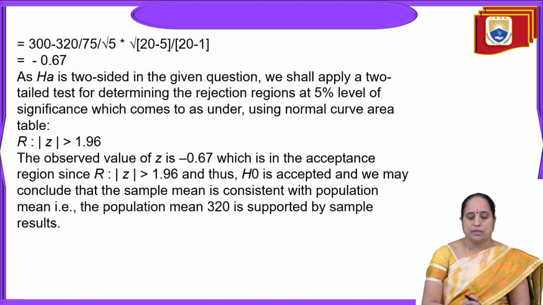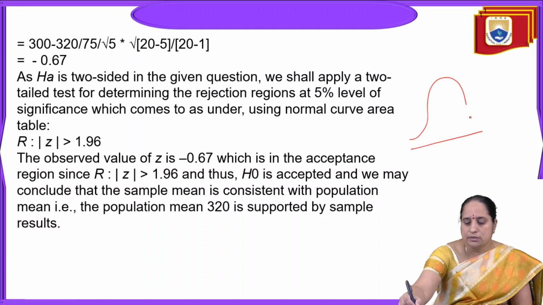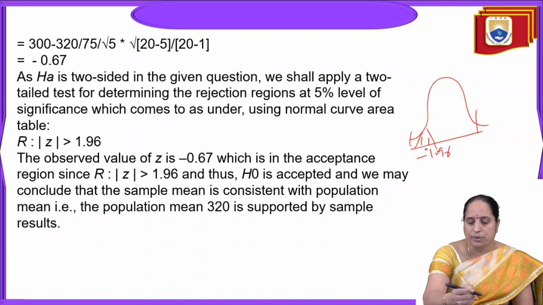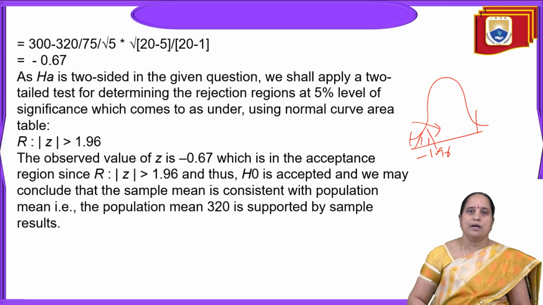We may conclude that the sample mean is consistent with the population mean, that is, the population mean of 320 is supported by the sample mean. As it is a two-tailed test with rejection region beyond minus 1.96, when we compare, the computed value is minus 0.67. It falls in the acceptance region. That is the reason we have accepted the null hypothesis.